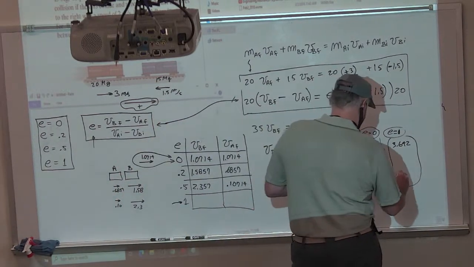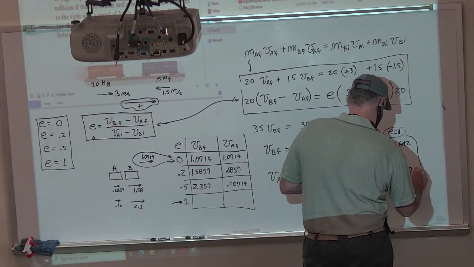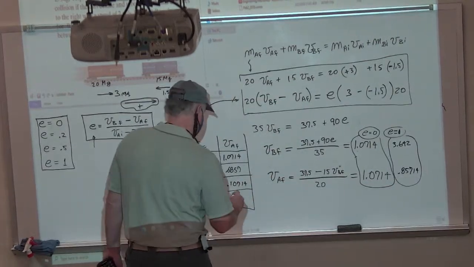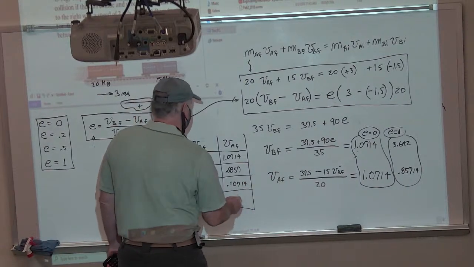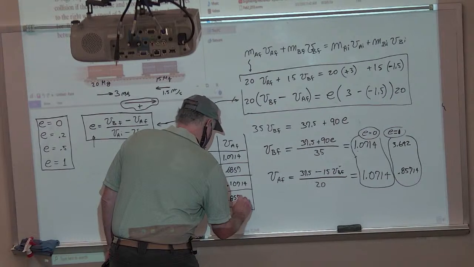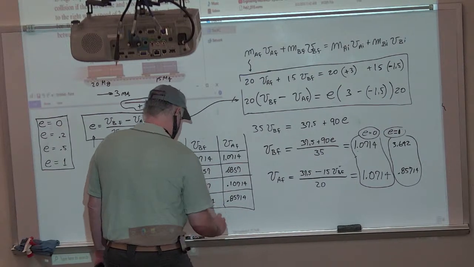And this is 0.85714. So for this case, 0.85714 and 1.0714.